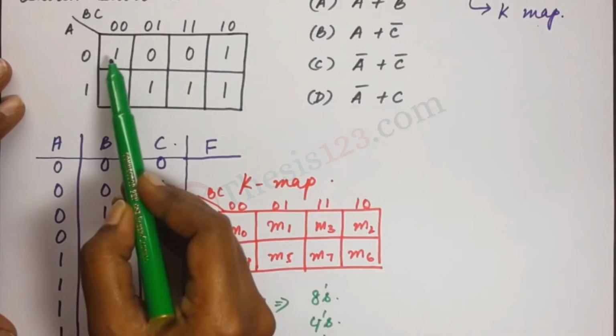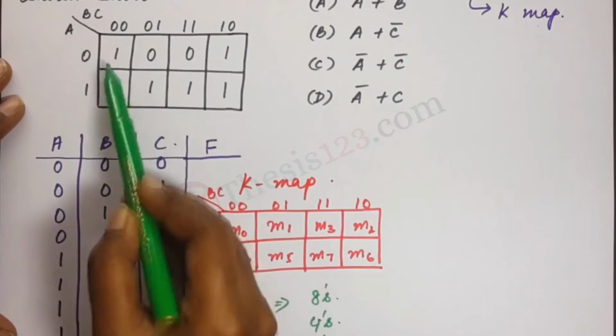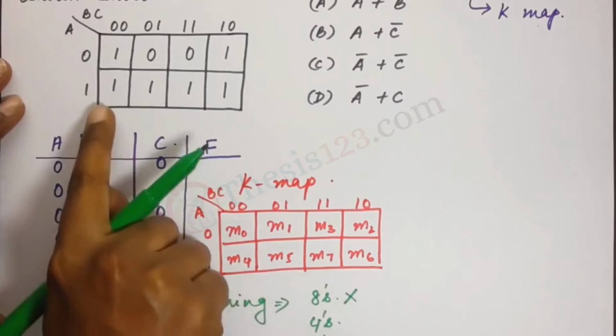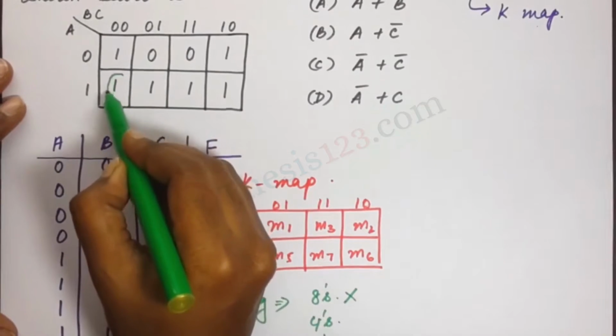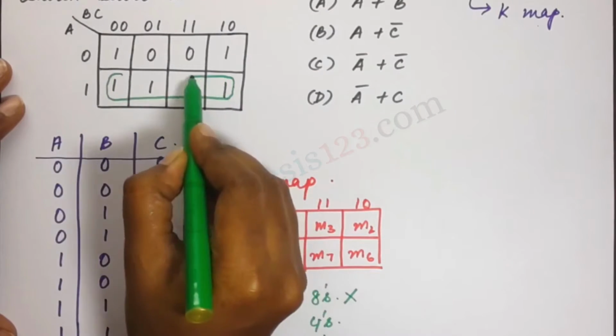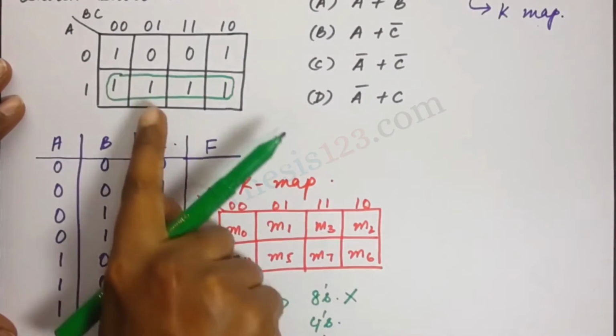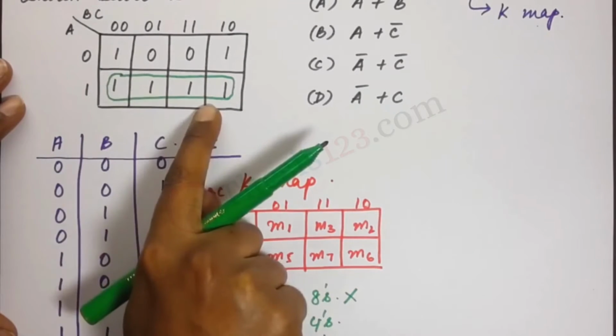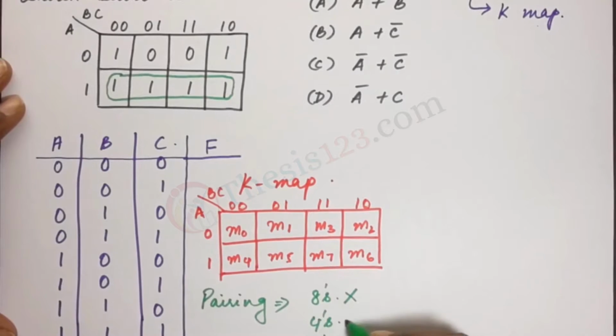Now we see that there are just 6 ones, so 8 is ruled out. We cannot group them in 8s. In 4s next, we see that there is one way of grouping the ones here. So we have just one group of 4 ones. So that's one group.